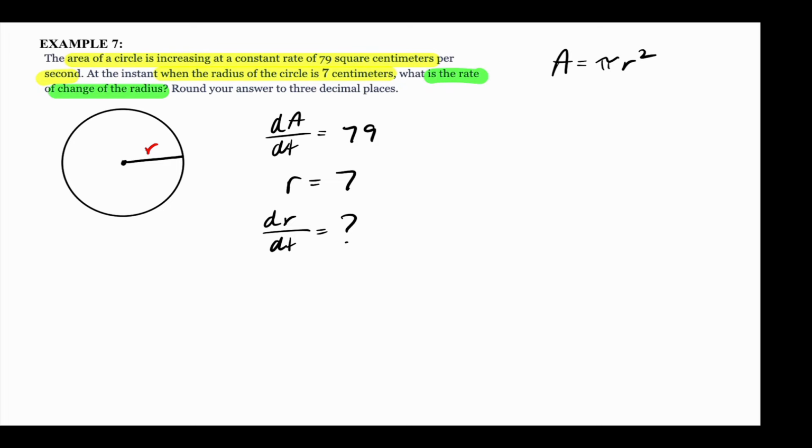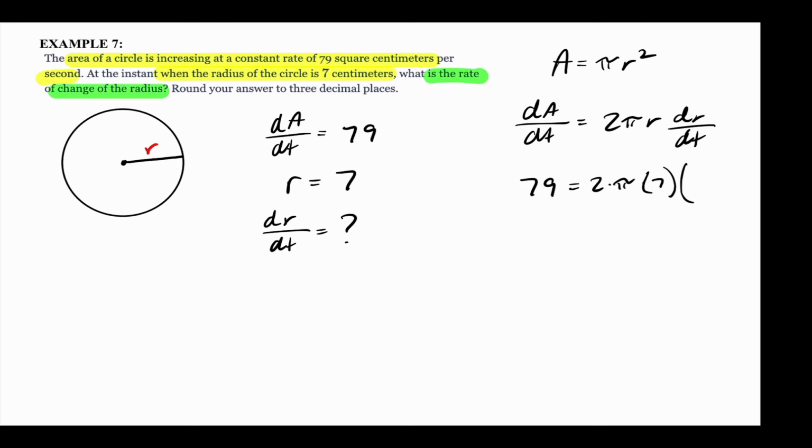Okay, so I'm going to use the area of a circle, pi r squared. When I take the derivative, I get dA/dt equals 2 pi r dr/dt. dA/dt is 79, equals 2 times pi times r, which is 7, times dr/dt, which I don't know.